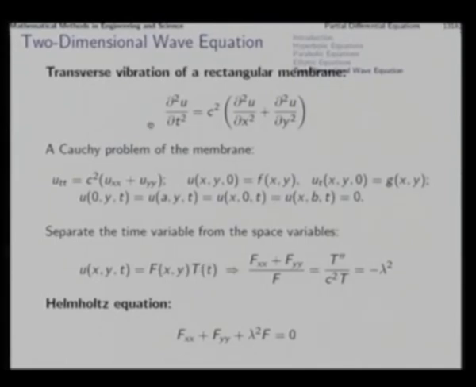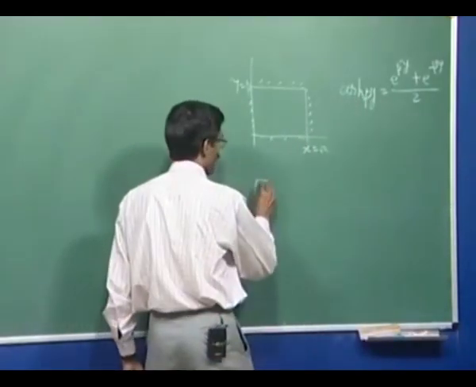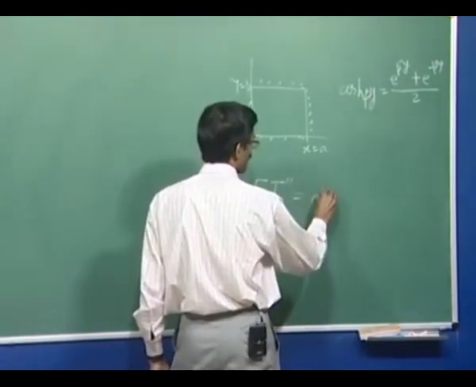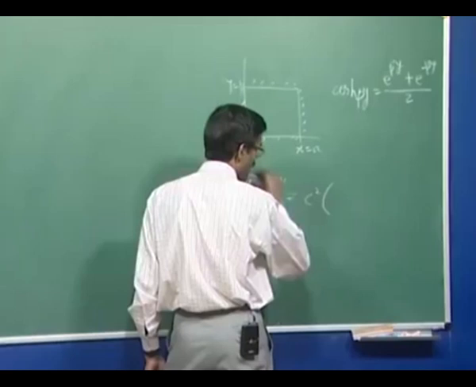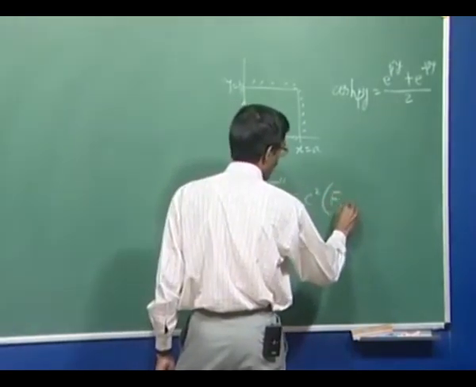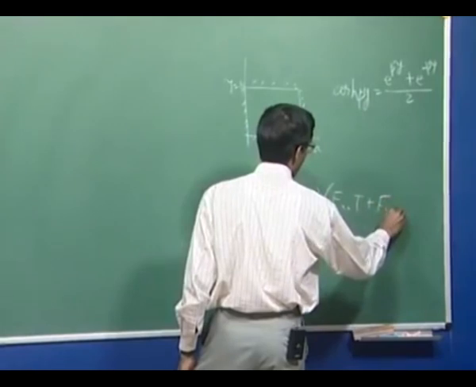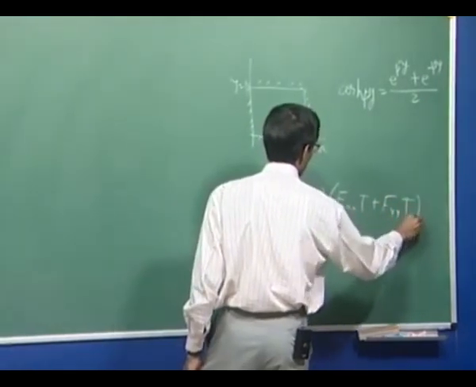Then we will have this differential equation as f T double prime is equal to c square into f x x T plus f y y T.